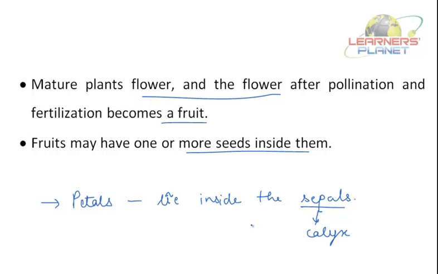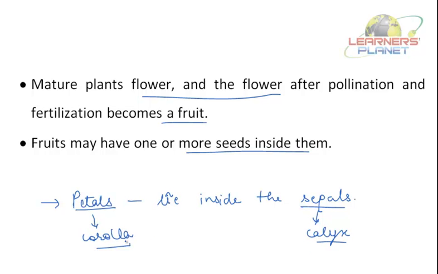So the function of sepals or calyx is to protect the flower in its initial stages when it is in the form of a bud, while the petals are the colorful parts of a flower, and they lie inside the sepals. So all the petals taken together are called corolla.